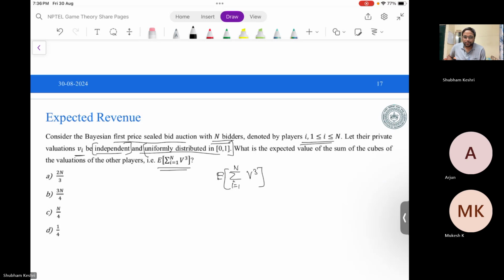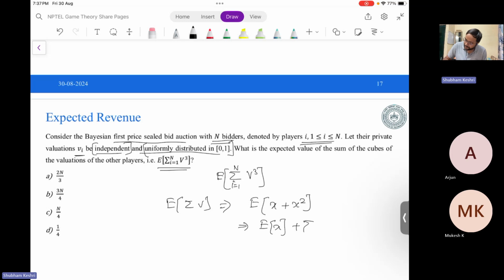Whenever you have the expected value of a summation of something, you can take the summation out. For example, if you have the expected value of x plus x square, you can just do the expected value of x plus the expected value of x square. So you can take the summation out of the expectation.